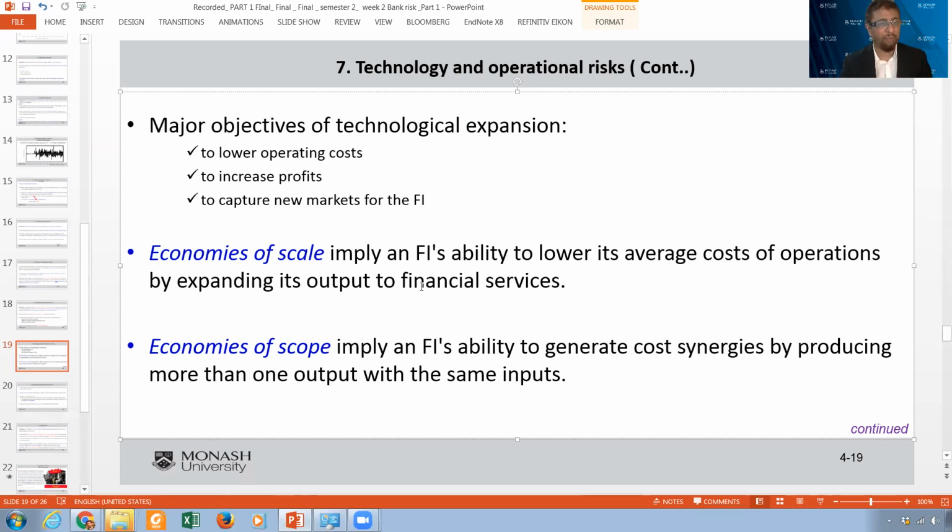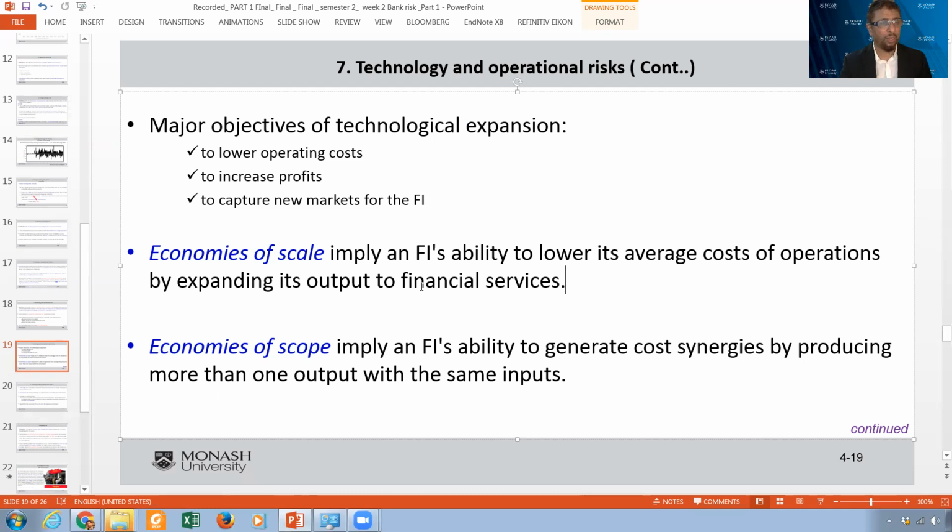For example, I have a huge amount of information about credit cards, and I know the customer, their behavior, their defaulting behavior, their credit quality and all these issues. Now, from these credit cards, I can invent a new product like car loans or housing loans.